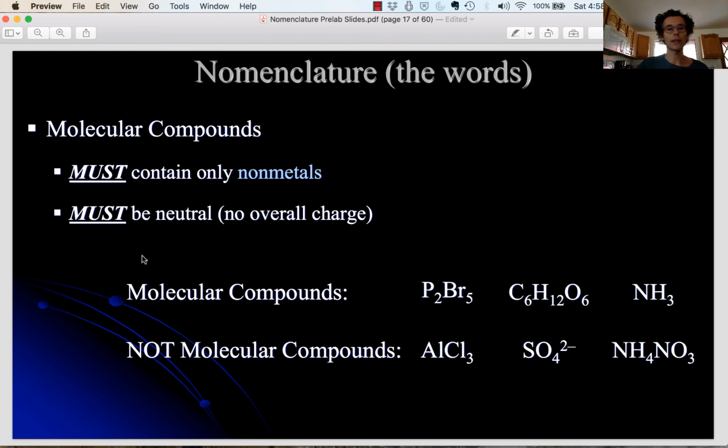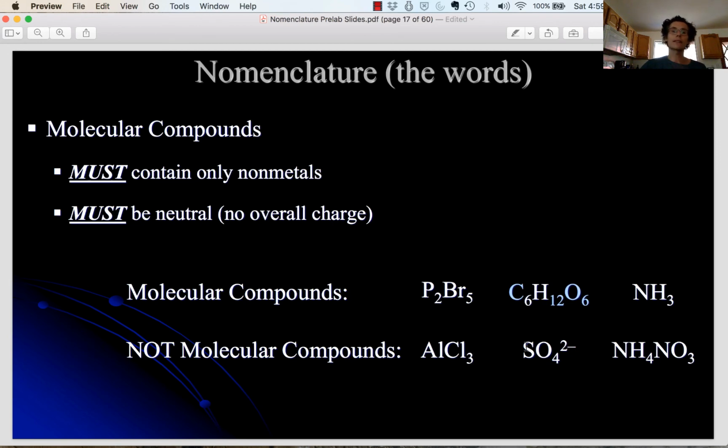So for instance, P2Br5, glucose, which is C6H12O6, and NH3 are all molecular. They're molecular because they don't have a metal involved. Non-molecular compounds are going to have a metal and nonmetals. So things like aluminum trichloride: aluminum's a metal, chlorine's a nonmetal, so it's non-molecular.